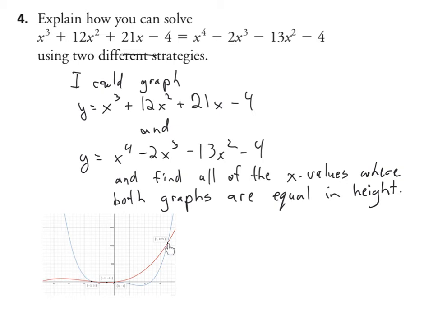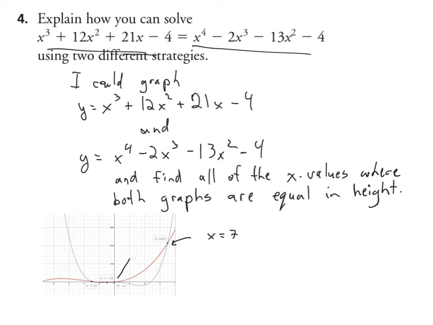Well, y is the same when x equals 7 here. So at x equals 7, these two sides are both equal to like 1,000 and something. But the fact of the matter is that's when they're equal.